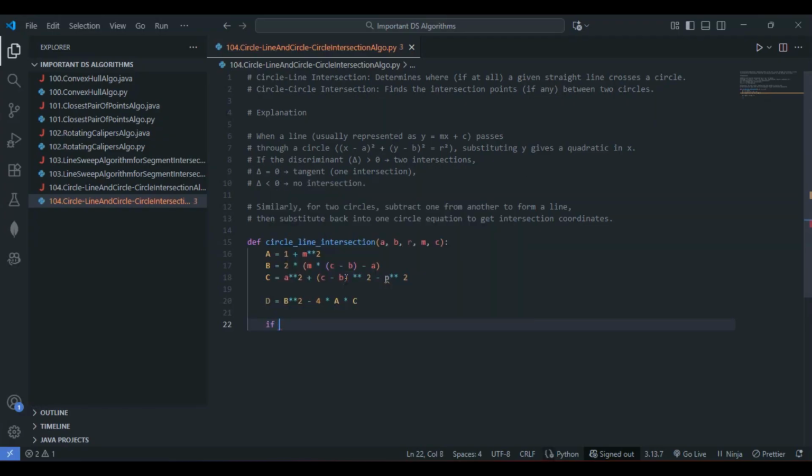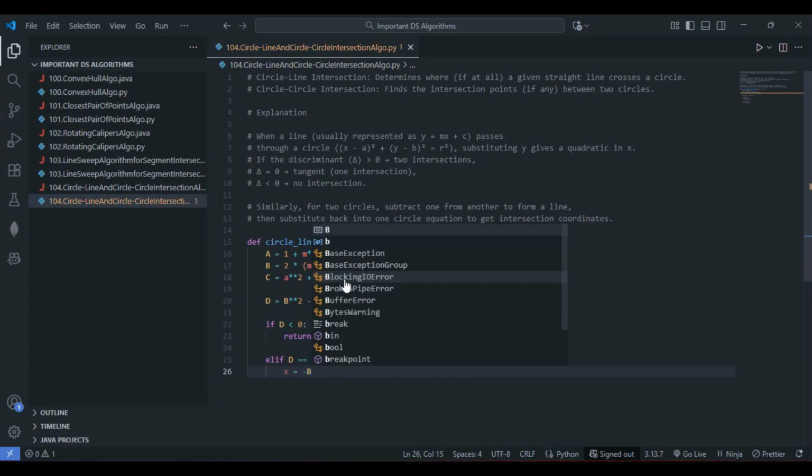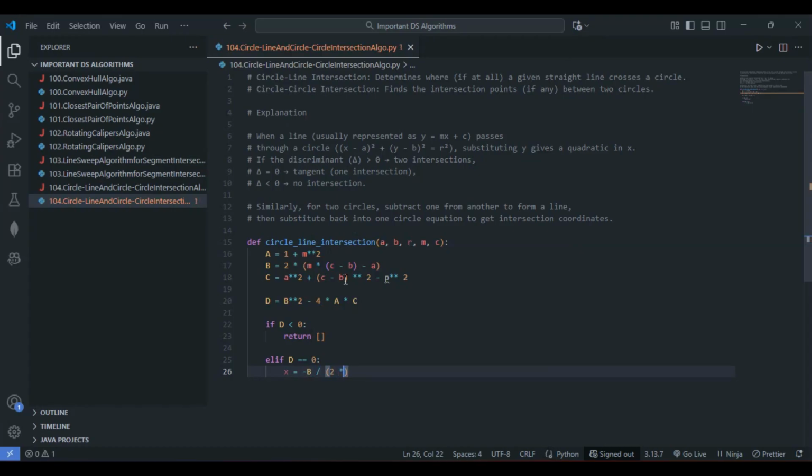So for these three cases we can write a simple if condition. If d less than 0, then no intersection, so I'll just return an empty array. This is fine. The next step, I'll go with the else if here. Else if d is equivalent to 0, let me assign x equals minus b by 2 into a.